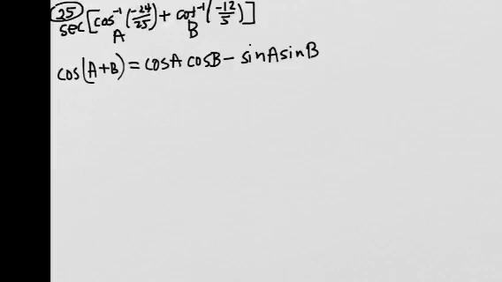So for A, because it's the inverse function and the ratio is negative, I know that A has to be in quadrant 2. So it's over here. Cosine is negative 24 over 25, so the 25 is over here in the hypotenuse.